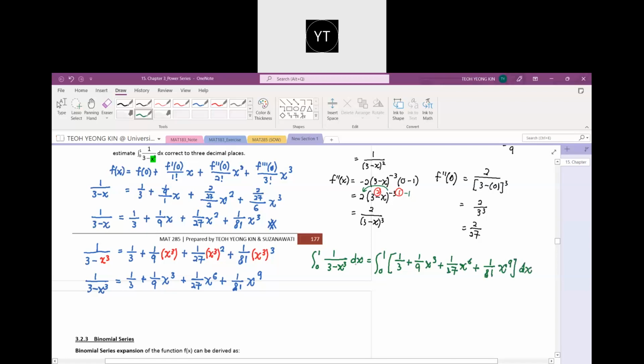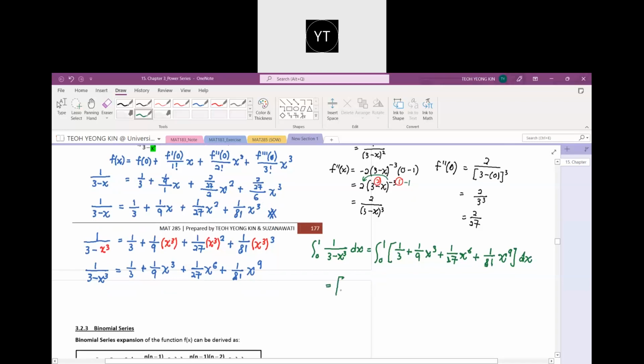Now we start to integrate. Integrate 1/3 is 1/3 x plus 1/9. Integrate x cubed is x power 4 over 4, plus 1/27, x power 6 will become x power 7 over 7, plus 1/81, x power of 10 over 10, from 0 to 1.